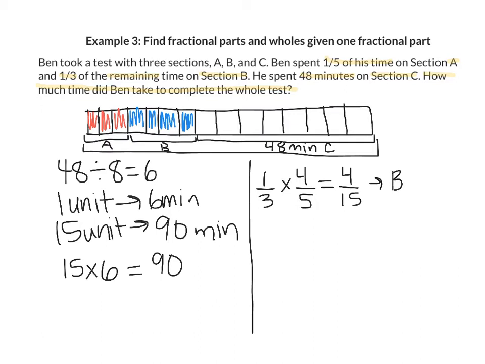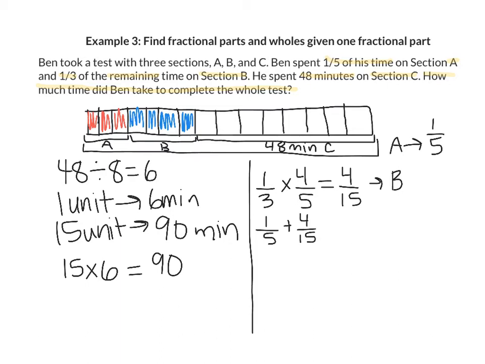And we know that section A is equal to 1/5 of the total time. By adding the fractions that we got for sections A and B, that will tell us the total amount of time that he spent on both sections A and B, which will then help us calculate the total time that he spent on section C. So we're going to add 1/5 plus 4/15.